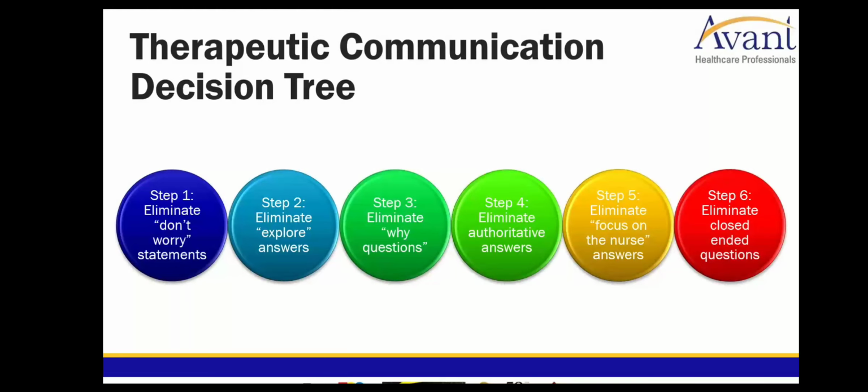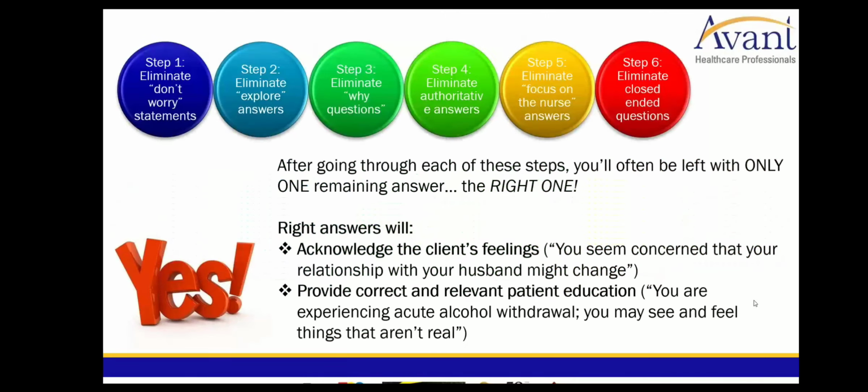So those are 6 steps in therapeutic communication that you can use. And like I said, once you go through these 6 steps, usually you've either eliminated it down to 2 options or you have your answer. Hopefully the right one, probably the right one.